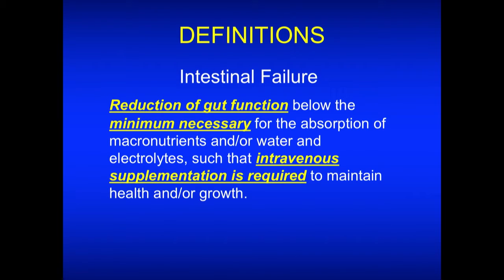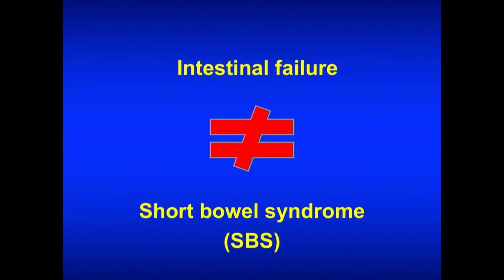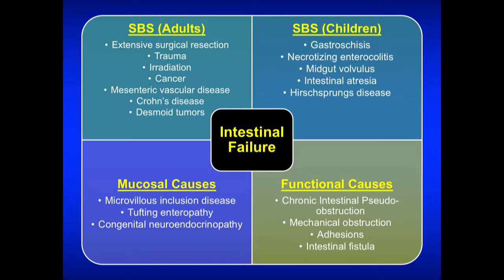Now, oftentimes we're referred patients with short bowel syndrome, but I want to stress that short bowel syndrome really is not synonymous with intestinal failure. That's because intestinal failure is a much broader term. It does include disorders such as mucosal causes, in addition to short bowel syndrome, as well as functional causes.